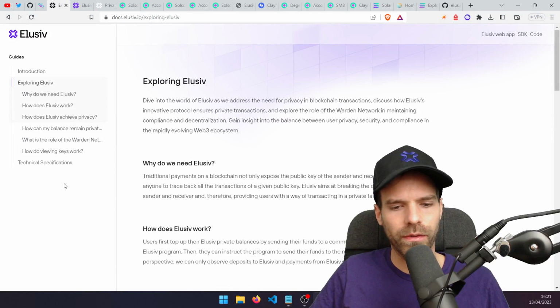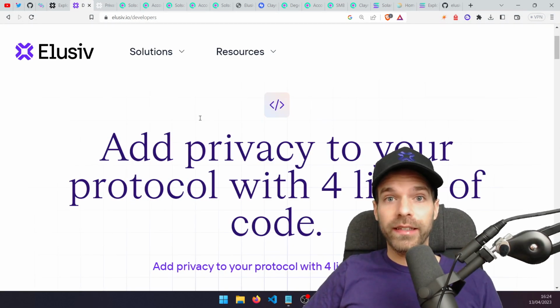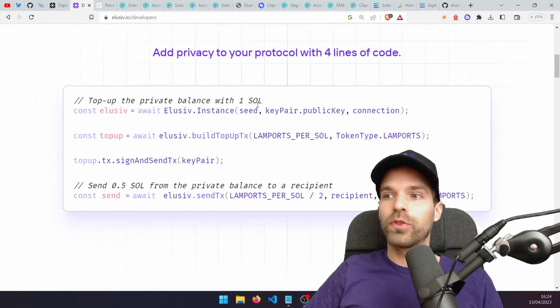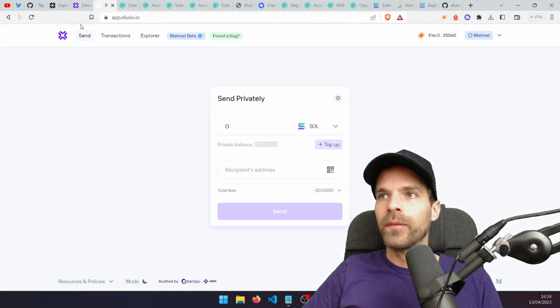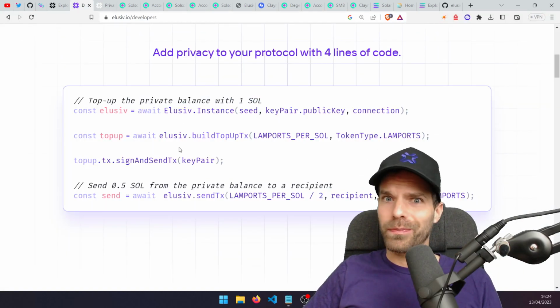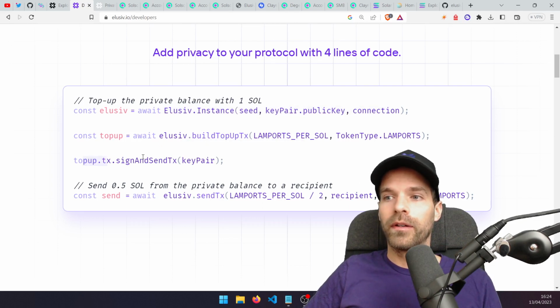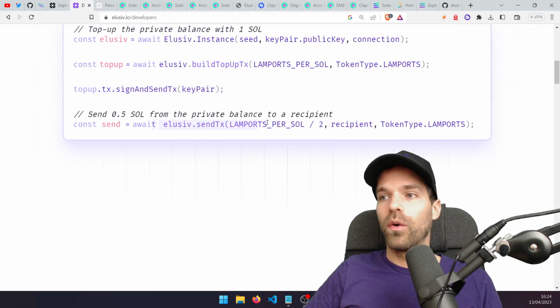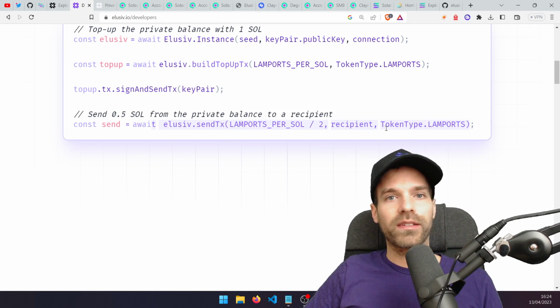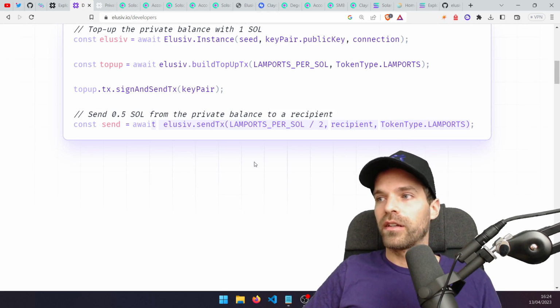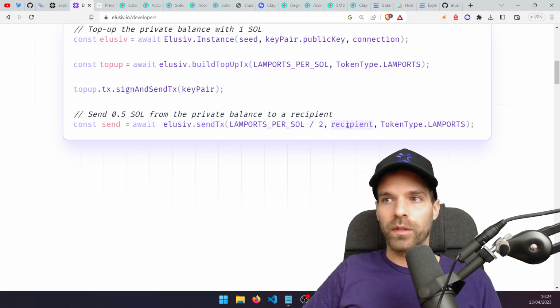Okay, what else did I want to show? Now there is the Elusiv SDK, which allows you to do all of what we did here from code, and it's pretty trivial. You just create an instance with your public key and then you can top up, or send the Elusiv transaction, that thing that creates the ZK proof and sends, in this case, half a SOL to some recipient.